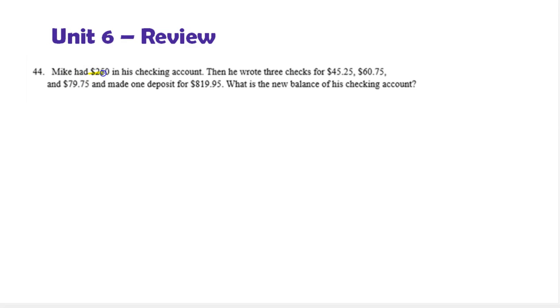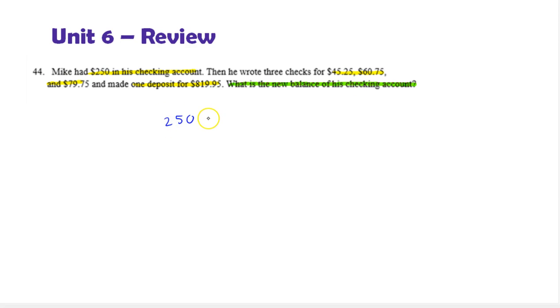Mike had $250 in his checking account. Then he wrote 3 checks for these amounts, and he made 1 deposit for this amount. And we're asked, what is the new balance of his checking account? Well, let's write this horizontally. So he started off with $250.